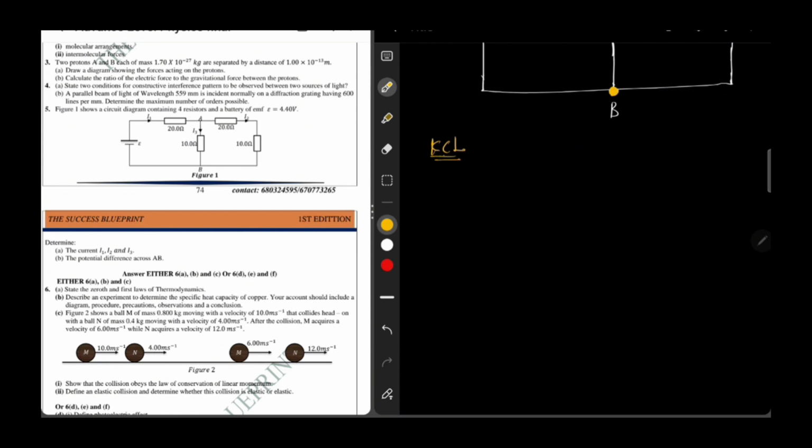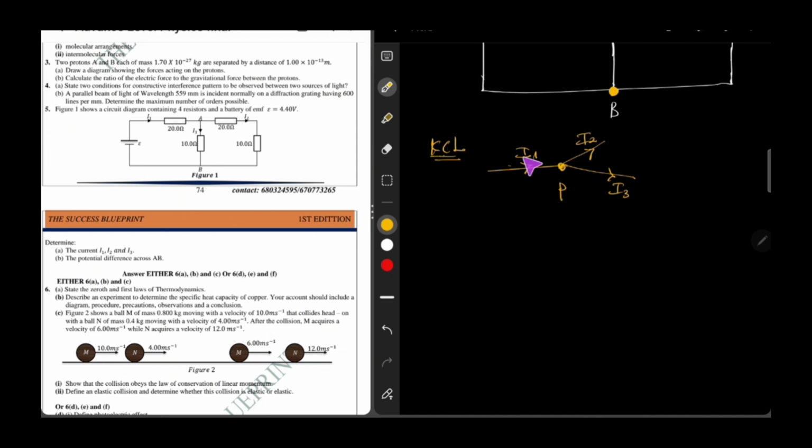It states that at a junction, the algebraic sum of current into that junction is 0. Normally we consider current into a junction to be positive and that out of the junction to be negative. Let's say we have a certain junction P with these branches. Now let's say we have I1 entering the junction and I2 and I3 both leaving that junction.